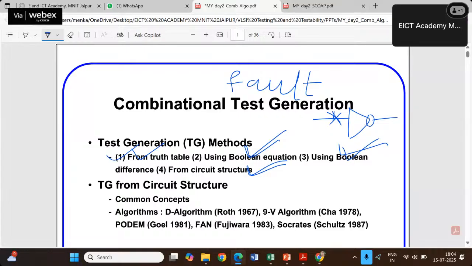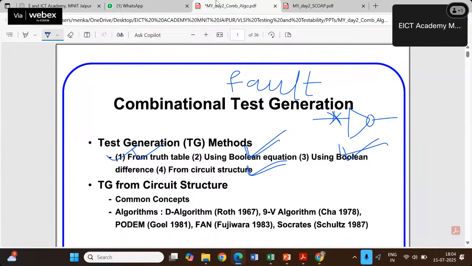Now test generation means once I give some input, how can I figure out the test pattern where the faulty value and the fault free value of the output differ. That is my test pattern generation. In this, we will be studying test pattern generation, which is a further analysis of the output from the fault simulation techniques.